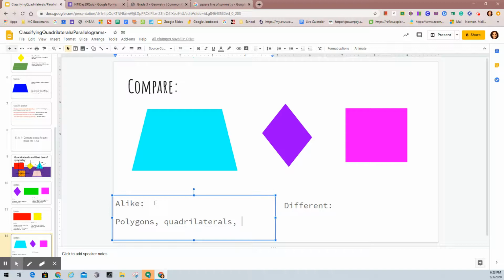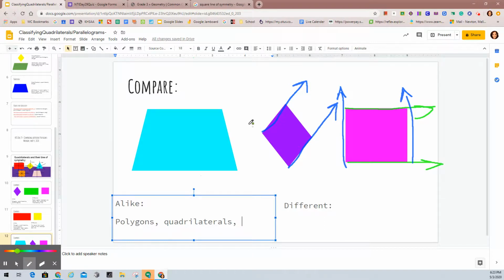Are they parallelograms? Well, we know that the square is for sure a parallelogram because it has one pair of parallel sides, and then here's another pair. And then we have the rhombus. Here's a set of parallel sides, and here's another set of parallel sides. So we know we're good there. Now the trapezoid. Here's a set of parallel sides.